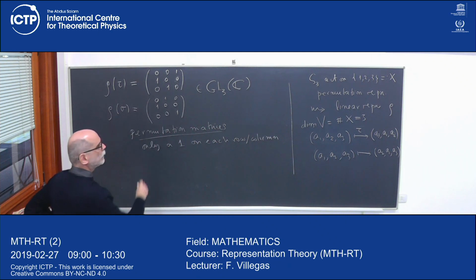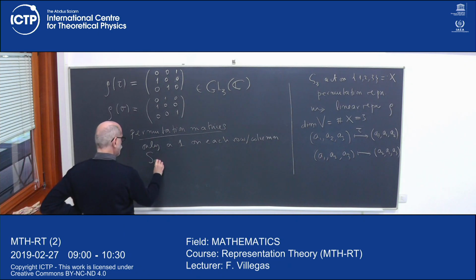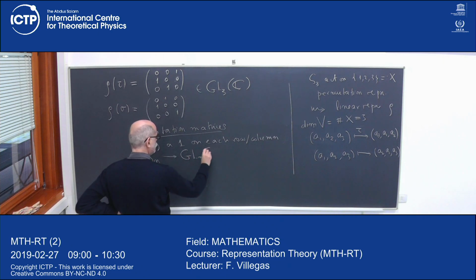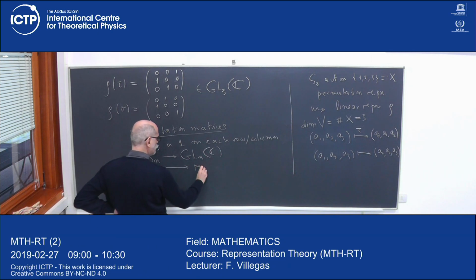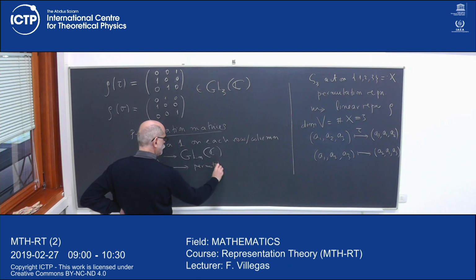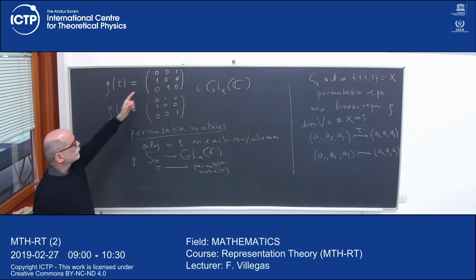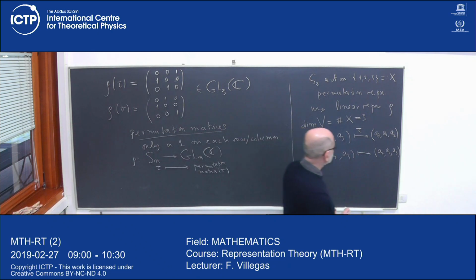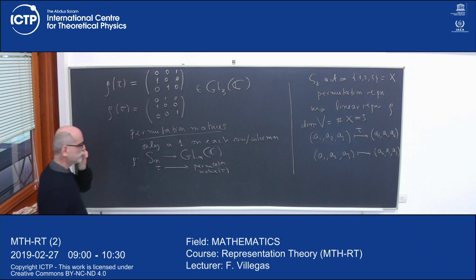So you can extrapolate that in general we'll have a representation of Sn into GLn, where a permutation tau goes to the permutation matrix corresponding to tau, which will be a matrix that has only a 1 in each column and in each row.